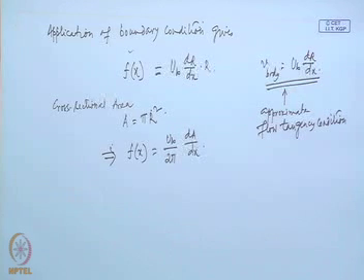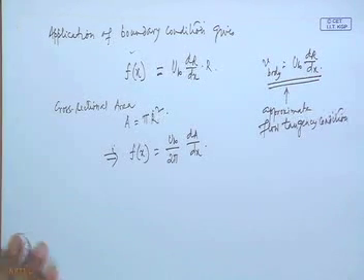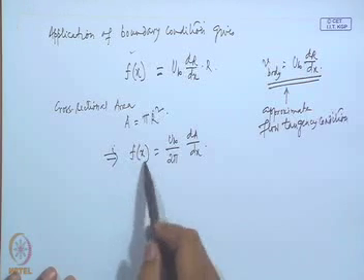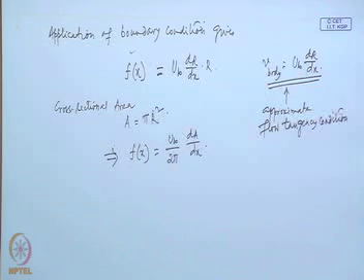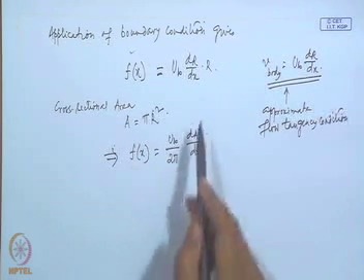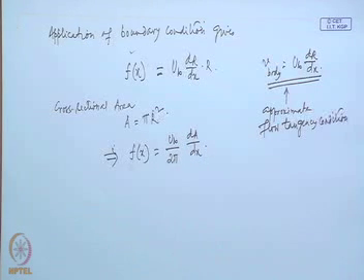That is for a slender body in axially symmetric flow, the source strength distribution on the axis is simply given by the rate of area change of cross sectional area along the axis.